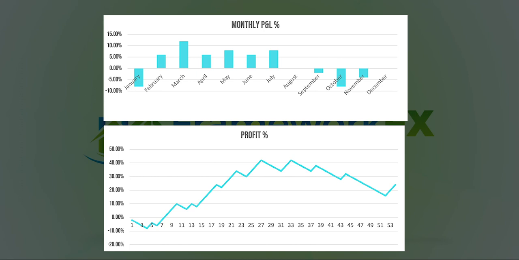Now the refinements that we've already spoken about, I would like to see that flatten that curve. It'll never be a straight line, but I certainly think those small changes will definitely improve that equity curve and see less of a pullback.